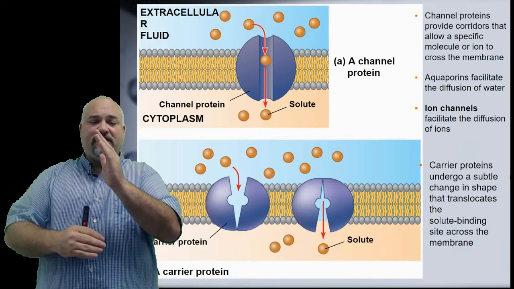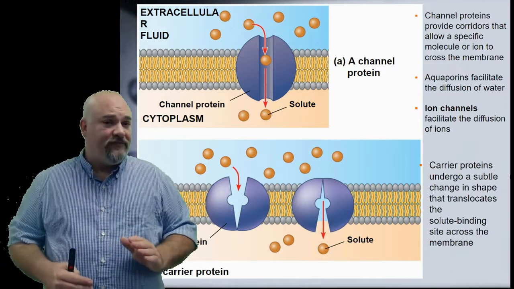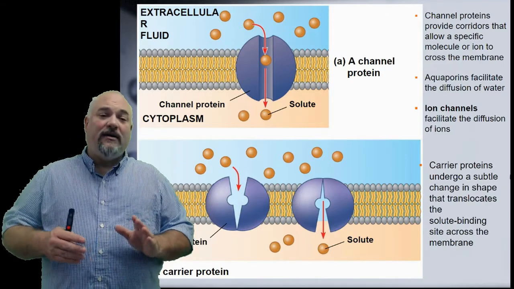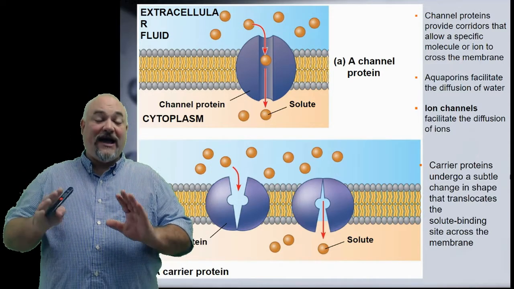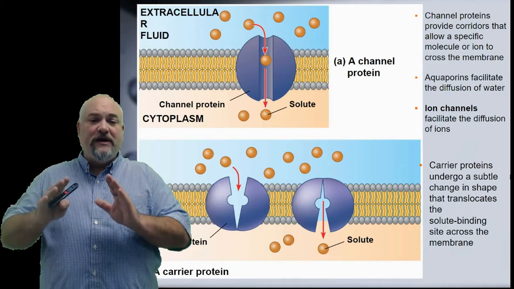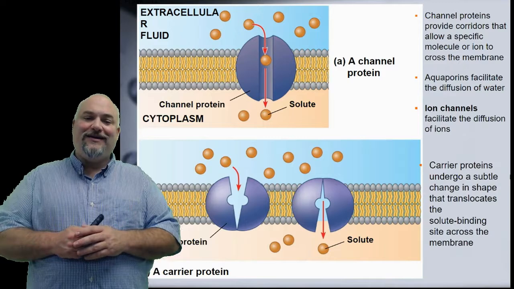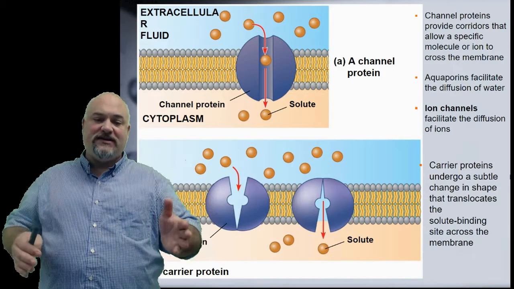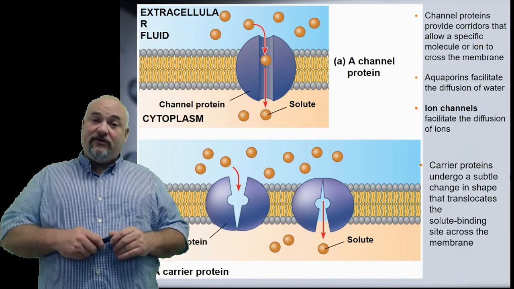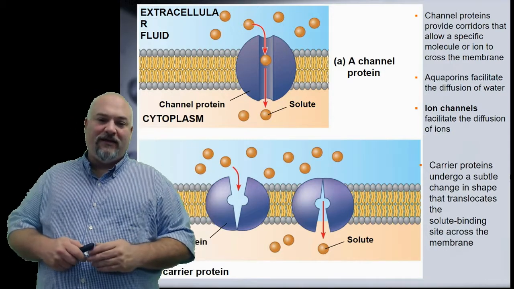Still going down its concentration gradient, still using the energy of the molecule moving itself, okay? But we have a tighter control on how things move through. So this one really makes sure that other things can't get through. So this is often used for larger things as well, because if the hole gets too big, things can sneak through. This is a way to keep things from sneaking through. Kind of like a turnstile after you go to a Brewers game or something.